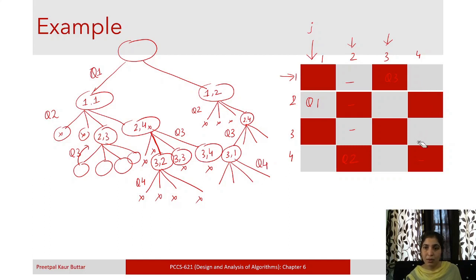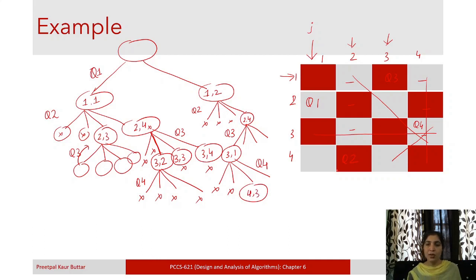Let's look at the first option, not feasible. Second option, again not feasible. The third option, I think it is good. No clash, no clash, no clash, no clash. So it means queen 4 is good at this position, 4 comma 3.